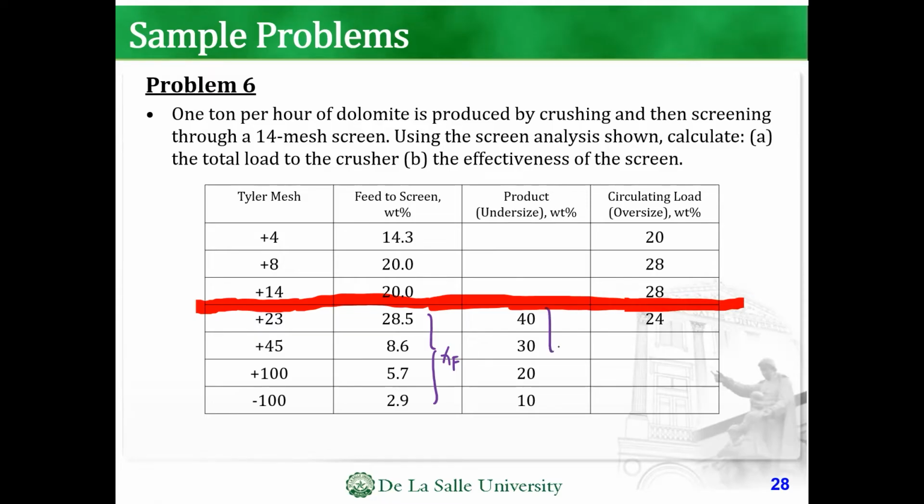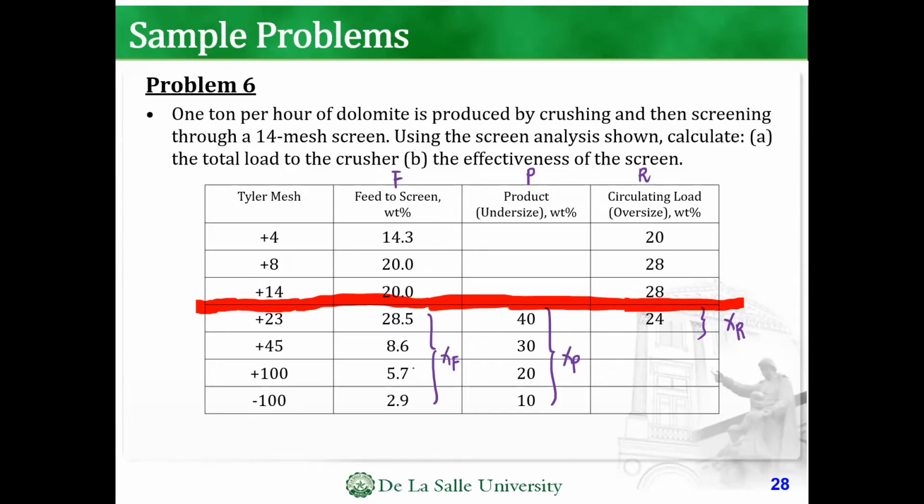Here, you can see that this one is the product, the mass fraction of the product. And then here, this is the amount of reject, because you're only considering those that pass through 14. This is the oversize. As we know the undersize is the product, this is the reject, and this is the feed. Therefore, those are the compositions.